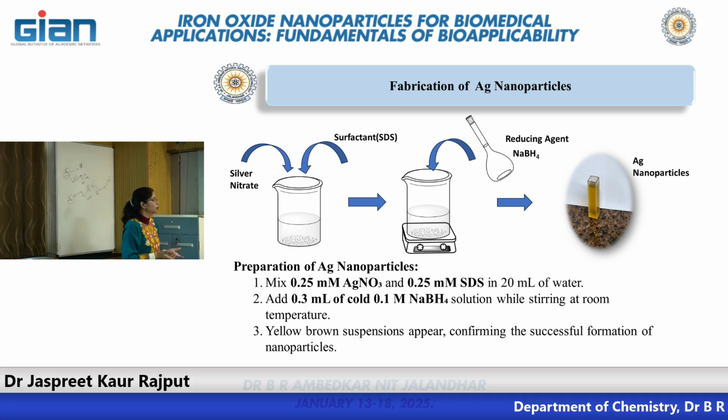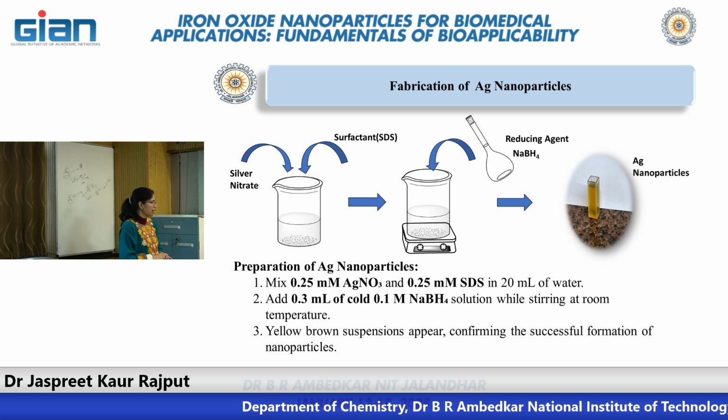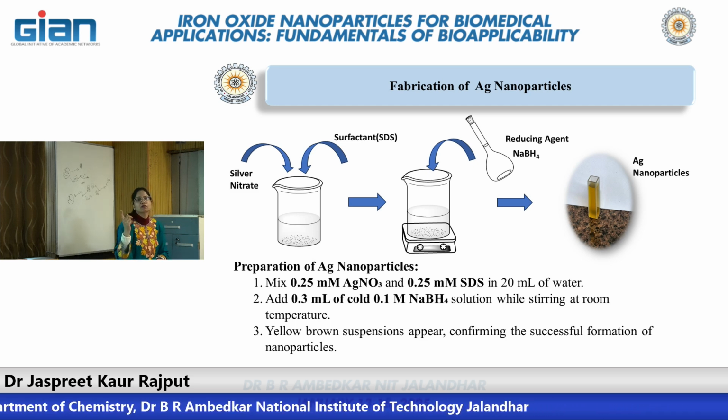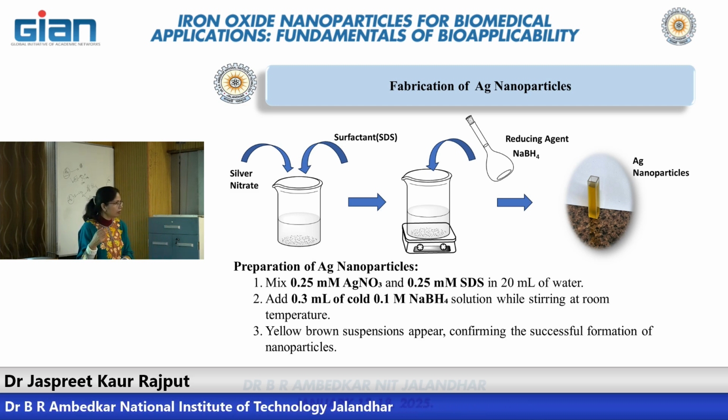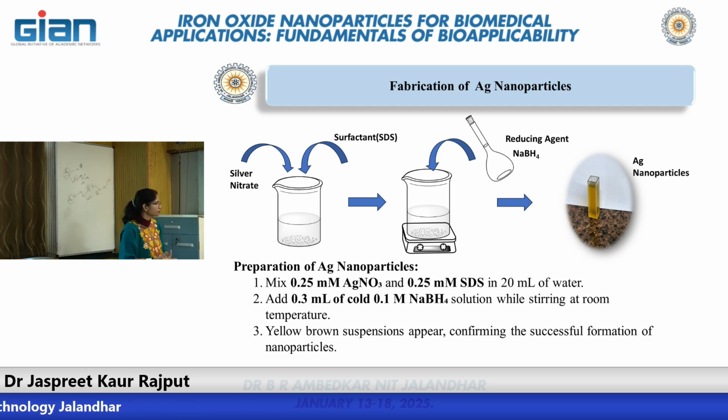Now what is the role of sodium borohydride in this case? In silver nitrate, silver is in plus form, right? So from silver plus to silver you need what? You need a reducing agent. So what is reduction? Gain of electrons.